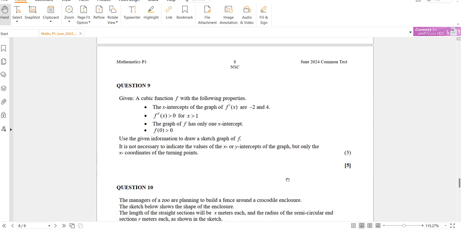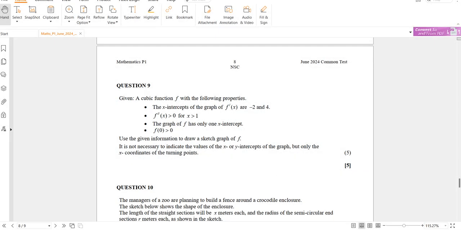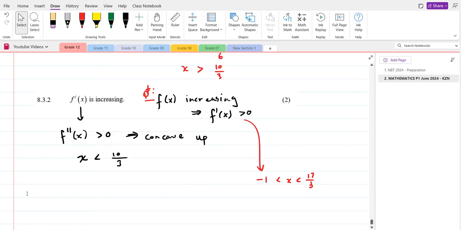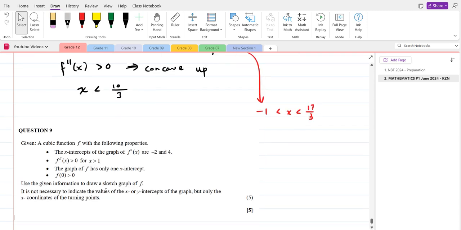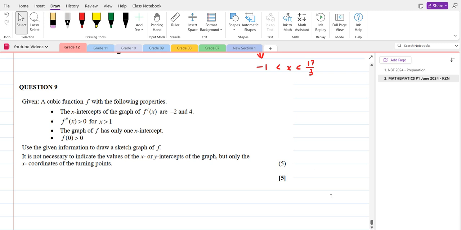Question 9. Alright, in question 9 what we have here is a cubic function f with the following properties, right? The x-intercepts of the graph of f prime. So this is the derivative graph, right?